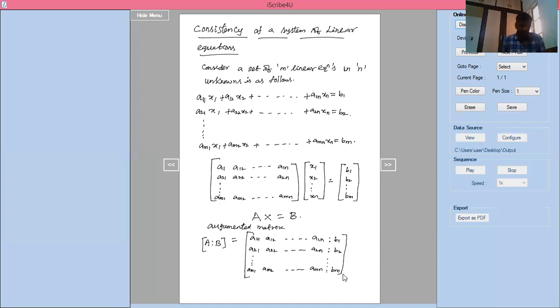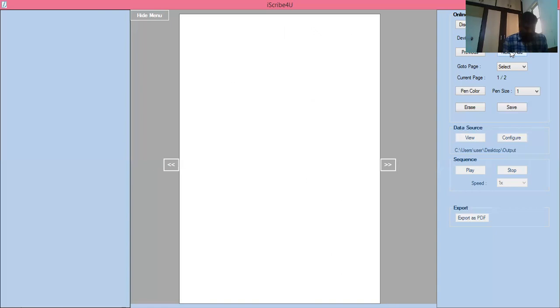Now I have to check whether the given system of equations is consistent.